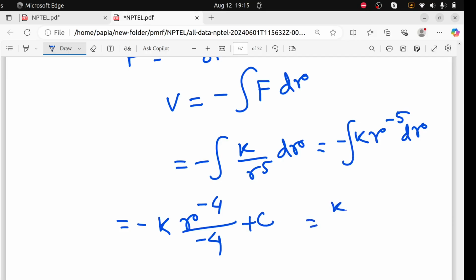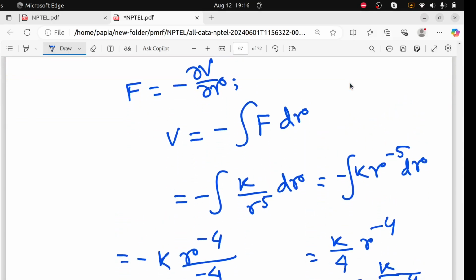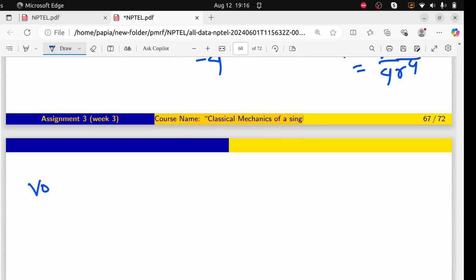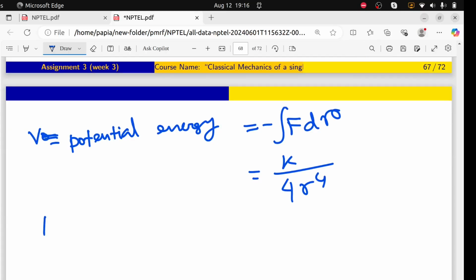So it is k by 4 r to the power minus 4, which is k by 4 r to the power 4 in the denominator. We don't need to put the constant here. So this is V, which means potential energy is k by 4 r to the power 4. Now kinetic energy.